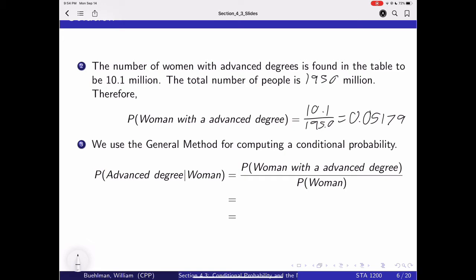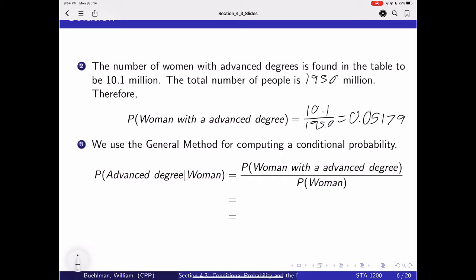So for number 3, we're going to use the general method for computing conditional probability that we showed before. So the probability of an advanced degree given woman is the probability of a woman with an advanced degree over the probability of being a woman.